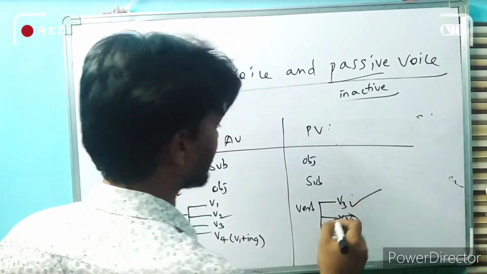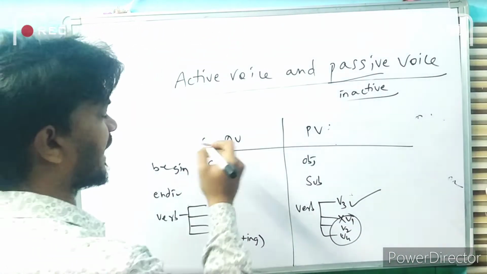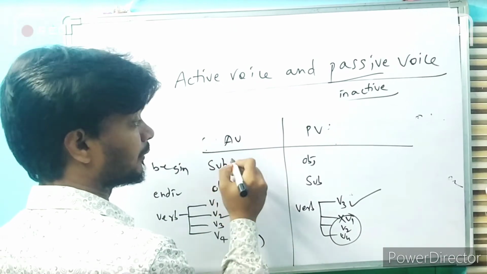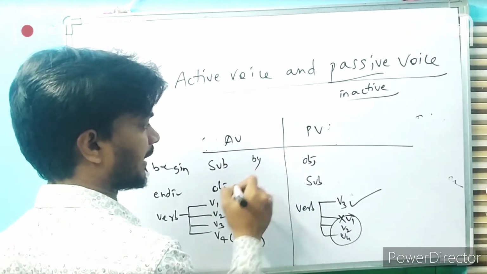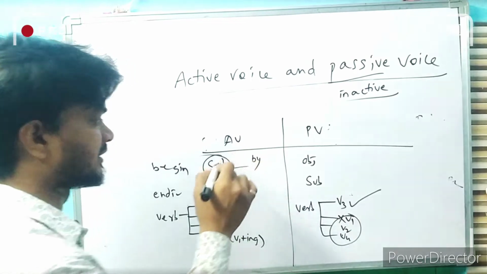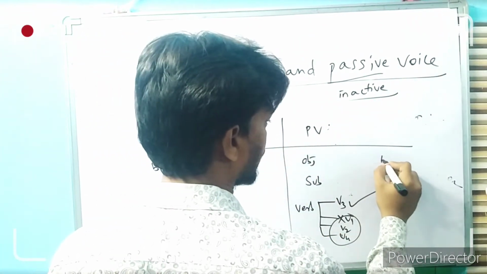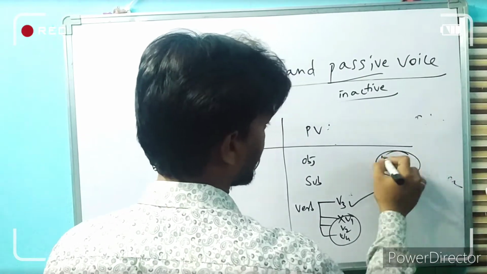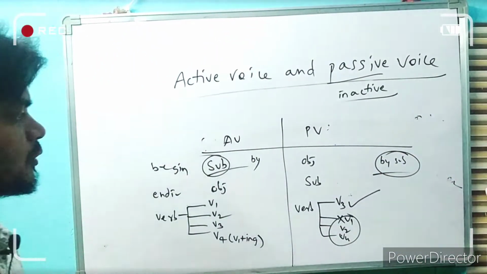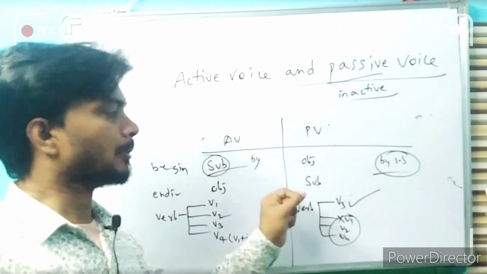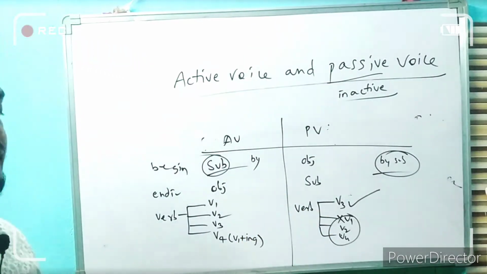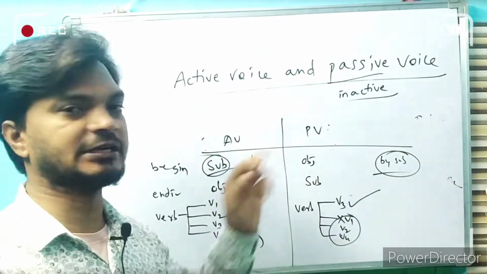We use only V3. Okay, fine. If it is active voice, we don't use the preposition by before the subject or object. But if it is passive voice, before the subject, we use the preposition by. So these are the major differences between active voice and passive voice.